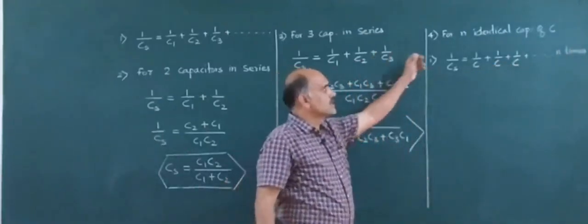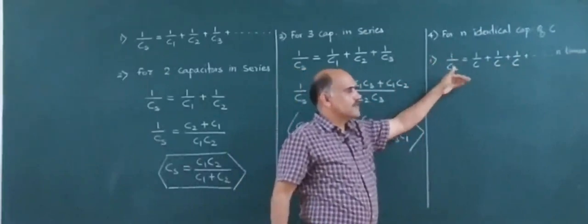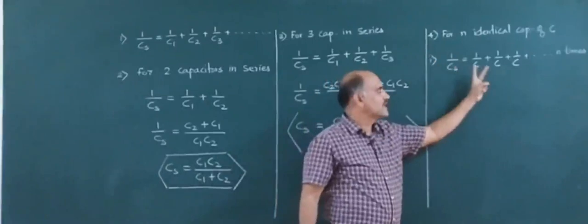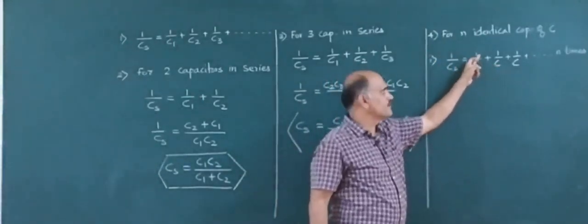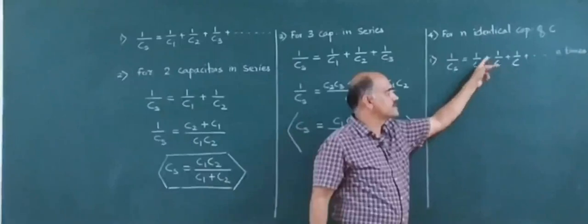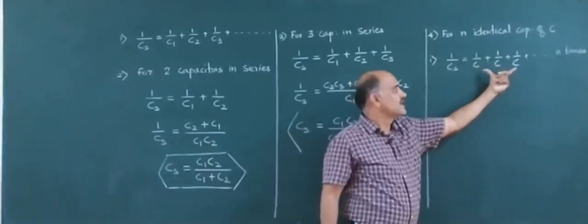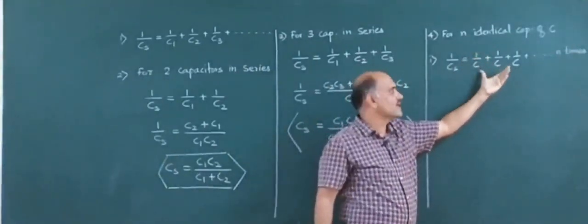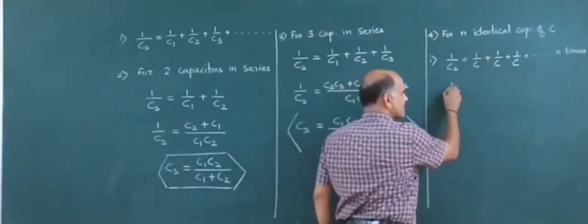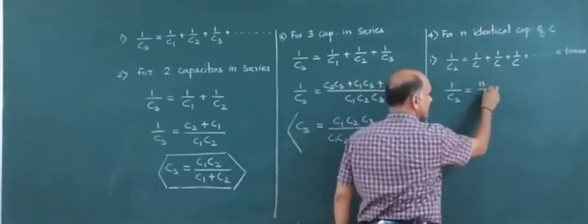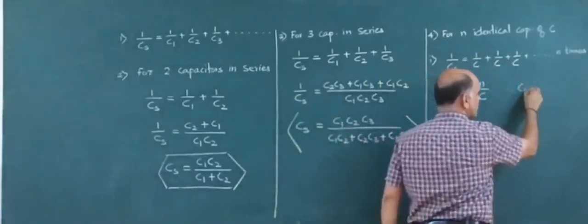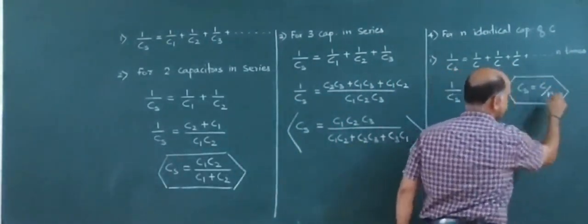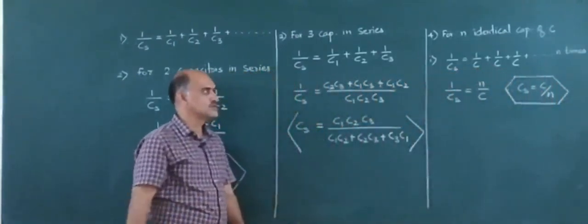If there are 2 capacitors, it will be 1 by C plus 1 by C, so you will have 2 by C. If there are 3 capacitors, you will have 3 by C. If there are 5 capacitors, you will have 5 by C. So for n capacitors, you will have n by C. Therefore Cs is equal to C by n.